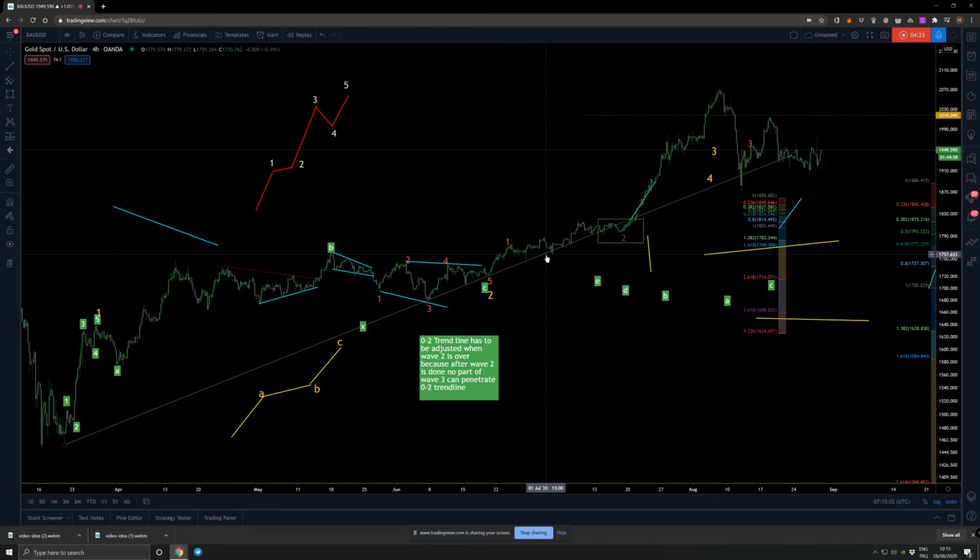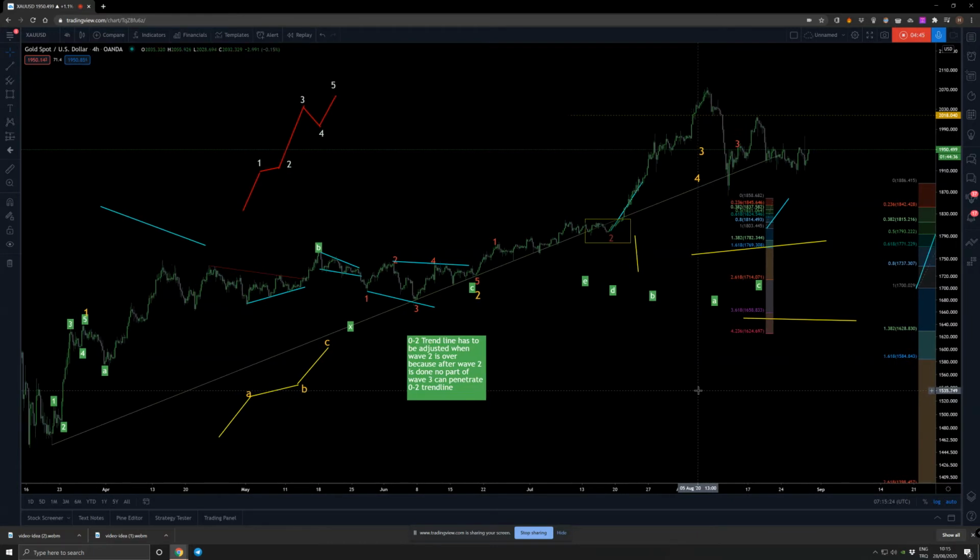The rule says no part of the third wave can actually break this 0 to 2 trend line. If this was the only break, I could say okay, it's fine, it's like these COVID times, but here we have a pretty big problem. It did actually break this 0 to 2 trend line. So that is real, and I have a problem with it.